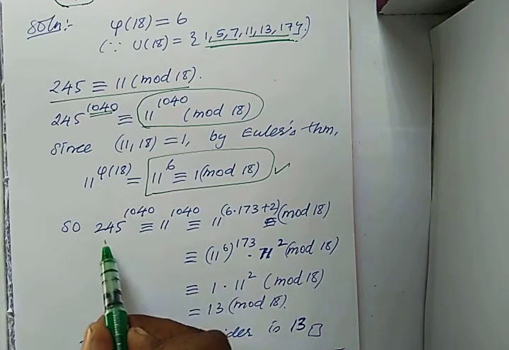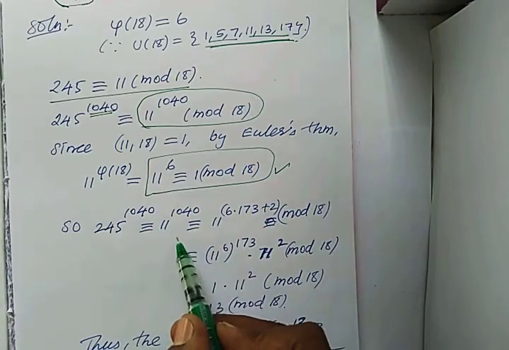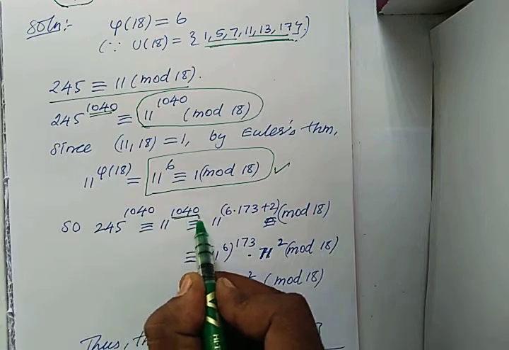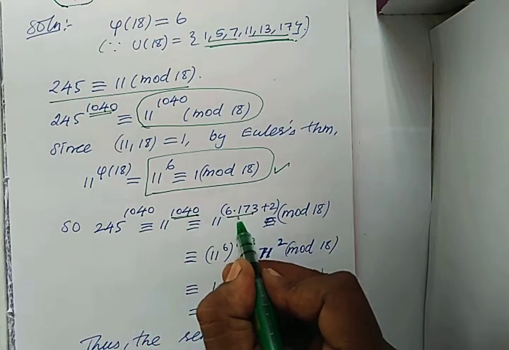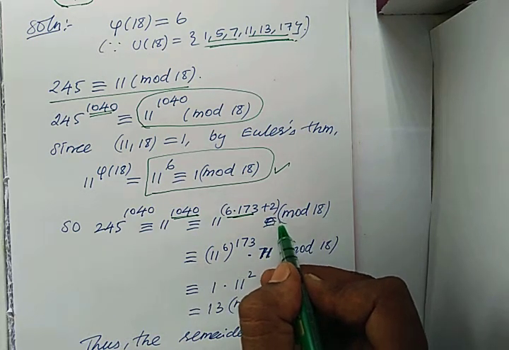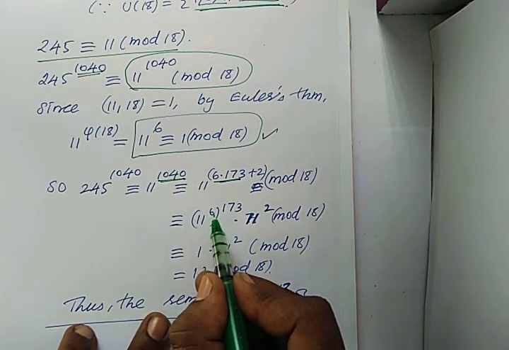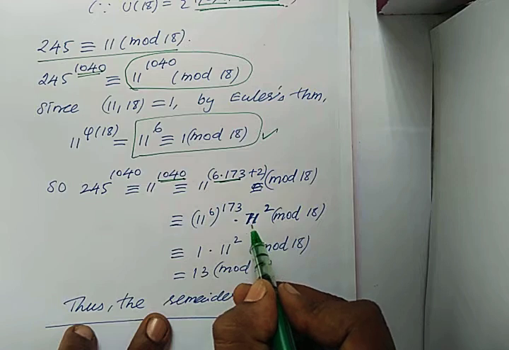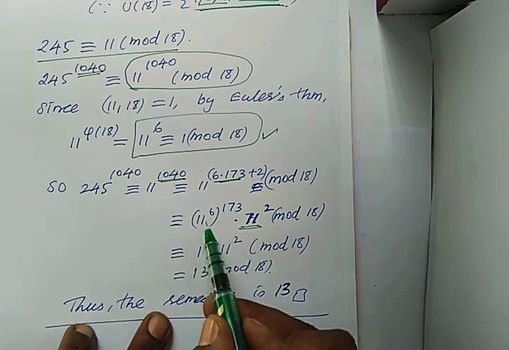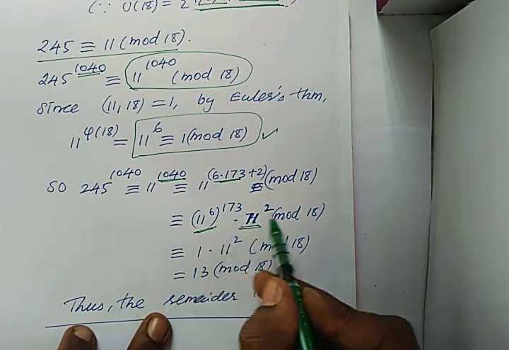I am writing 1040 as 6 into 173 plus 2. So 11 to the power 1040 can be written as 11 to the power 6, all to the power 173, into 11 squared, mod 18. But 11 to the power 6 is congruent to 1 mod 18. So this is congruent to 1 mod 18.